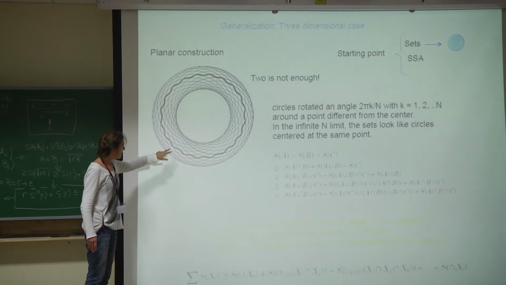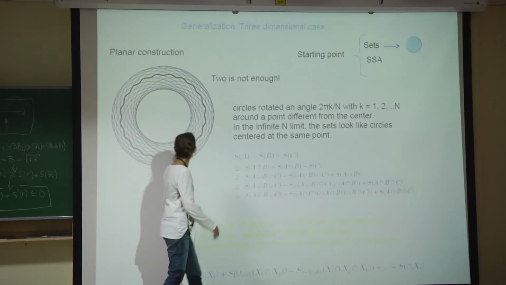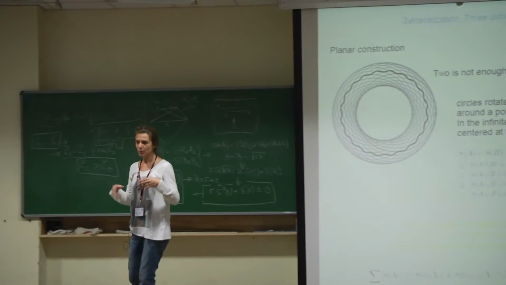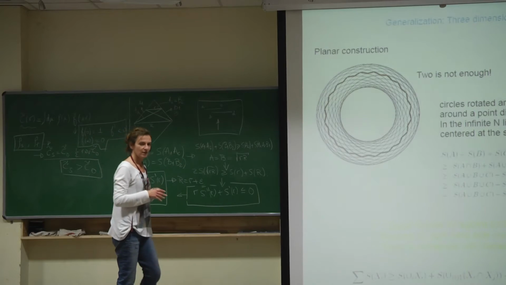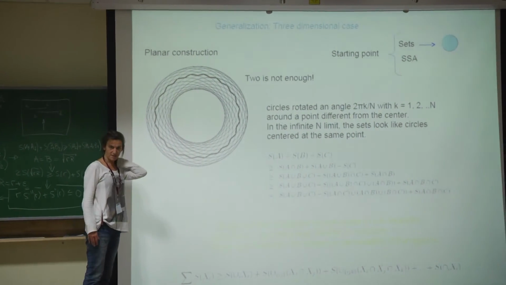And as you see, the regions which appear in this part look like circles. As n grows, you obtain more and more something that looks like a circle.